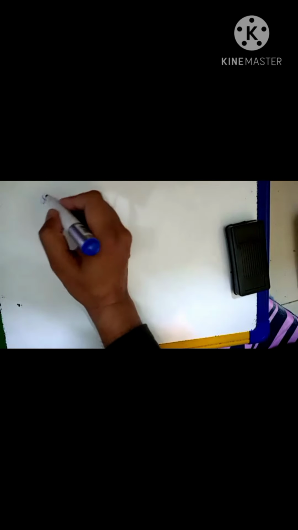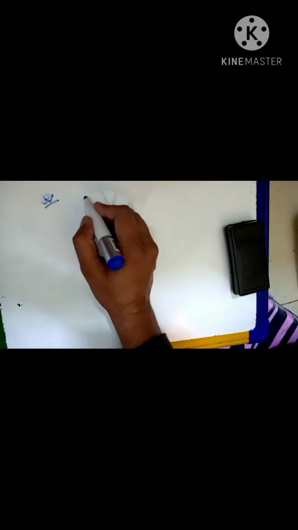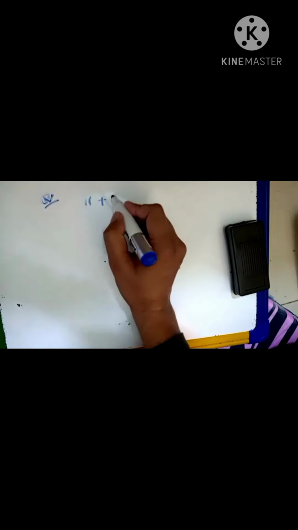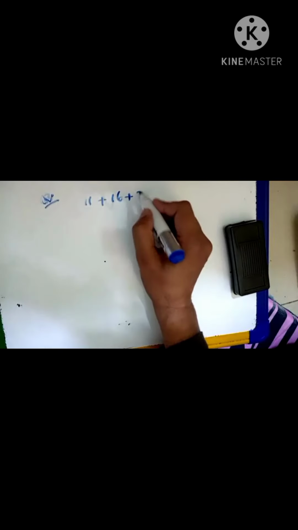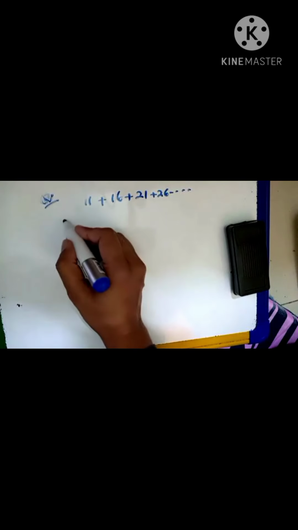Okay, okay. No, I mean when the question is starting, you must know how to do it, right? Now let me check one more question with you. In the continuation of this, if I asked you 11 plus 16, this is also your revision, plus 26, the series is going on.